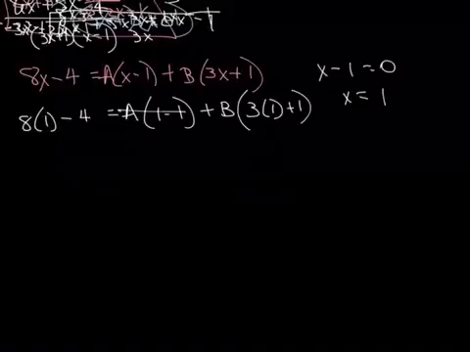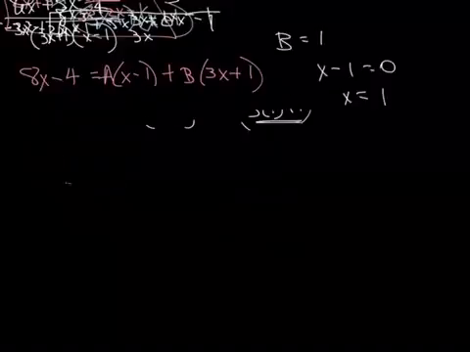Okay, that term goes away. So 4 equals 4B, so B equals 1. Okay, so I need to remember that. B equals 1. So that was the first part.